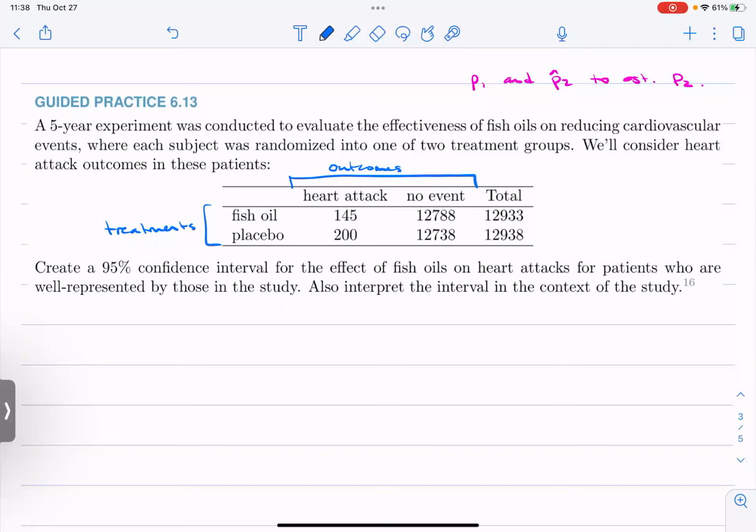We're interested in talking about the proportion of patients who had heart attacks in the fish oil category versus the placebo, and so for that reason, these are our successes, because I want to talk about the people who had heart attacks. Okay.